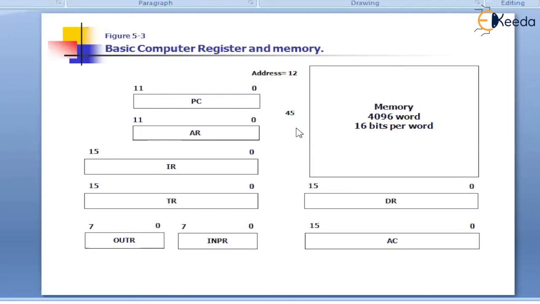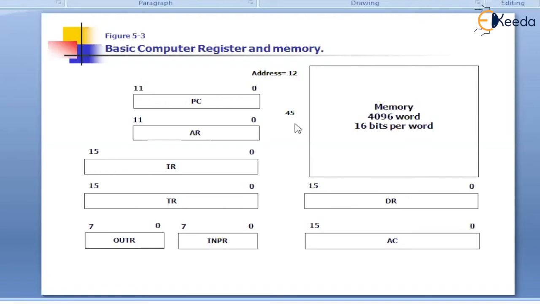Now try to understand. When the CPU wants to send an address reference, first of all, the CPU should be able to load this address in the address register, because the address register acts as a mediator between the memory and the processor. This is memory and these are the processor's registers. Whenever the CPU wants to communicate with the main memory, the CPU will send the addresses.